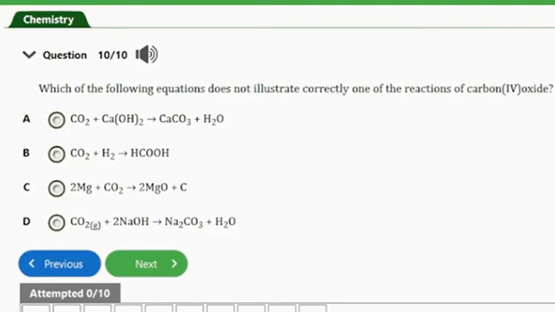So guys, the answer to this question here will be option B. This is not a correct illustration of a reaction of carbon 4 oxide. So that's it for this question.